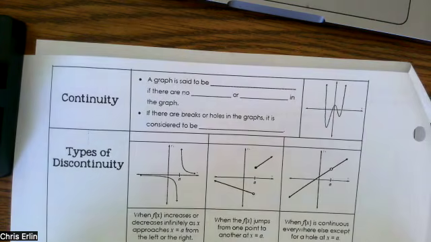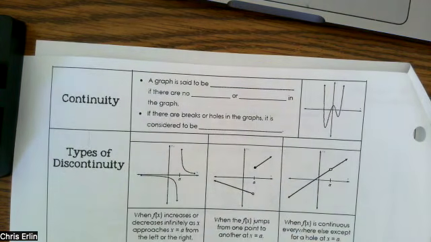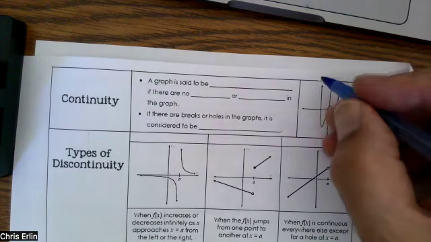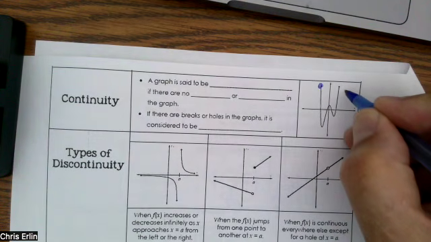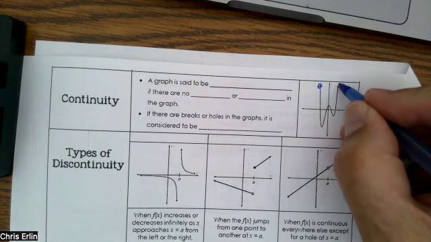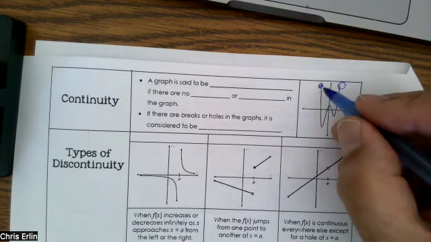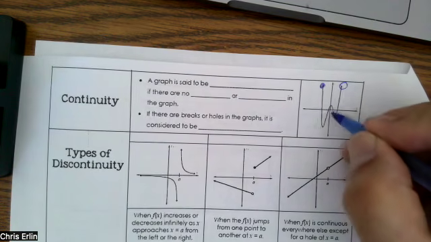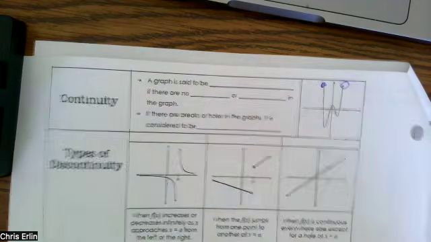Another feature we're going to look at regarding functions that becomes very important is this idea of continuity. You might think about it as if I were to take an electrical outlet and plug this side into an electrical outlet and this side into something like a light bulb, is the path continuous? Would the electricity flow all the way through it? If the answer is yes, that's considered continuous.